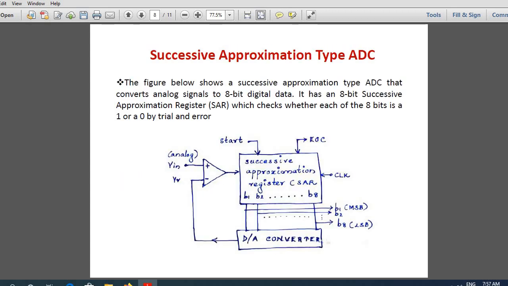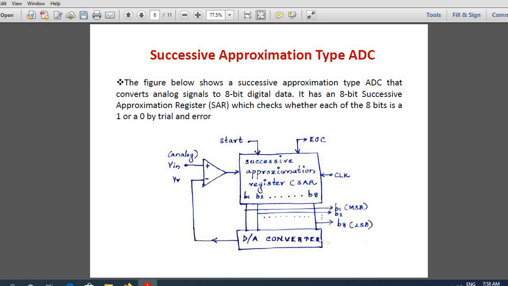Now let us go to successive approximation type ADC. Here I have drawn a successive approximation ADC that can convert analog signals to 8-bit digital data. That is a difference from the flash type. For flash type, you don't use it for more than 4 bits. Here you can use it for 8 bits and more, okay?